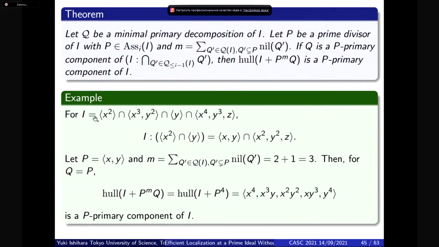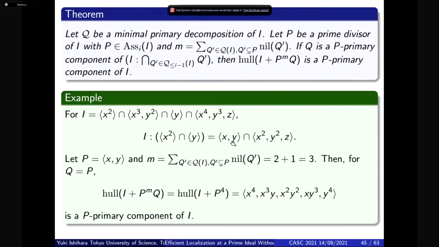For example, I use this ideal. Then the minimal parameter components of I is the intersection of this one, x squared, and y. Then we compute the ideal quotient of I and this ideal.